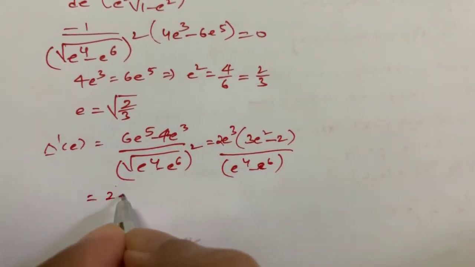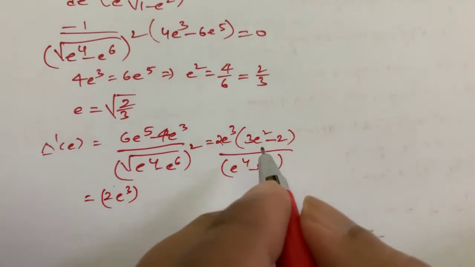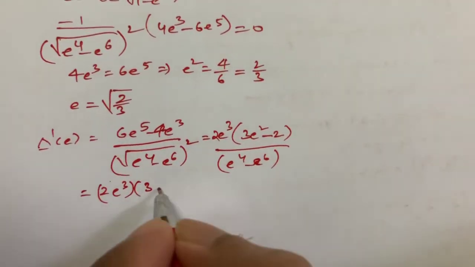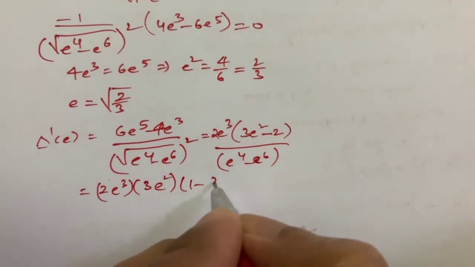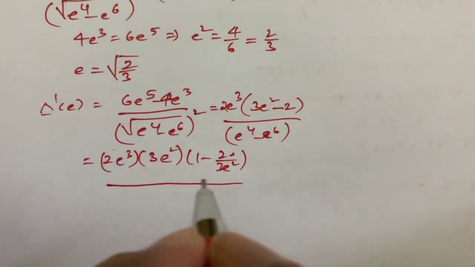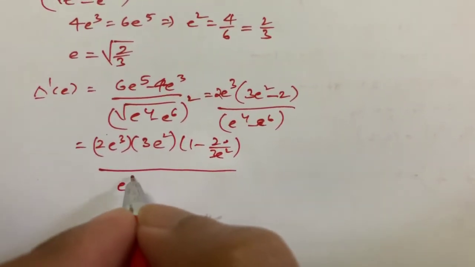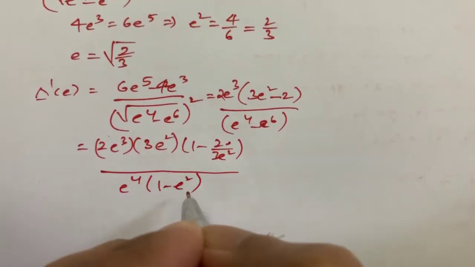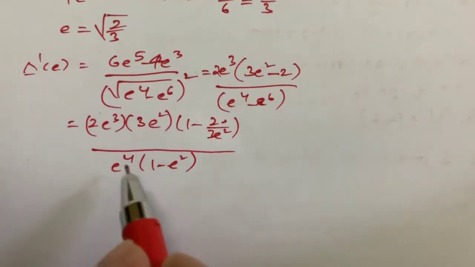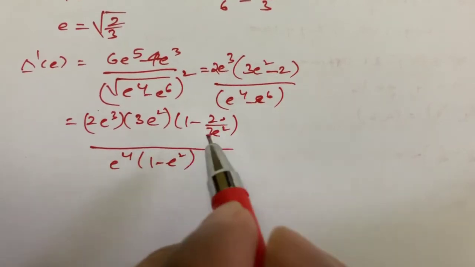So again 2e³ into 3e², if I take out, (1 − 2/3 e²), and here I can take e⁴ out, 1 − e² will remain. So the denominator is obviously positive, right? So only the numerator we have to see.